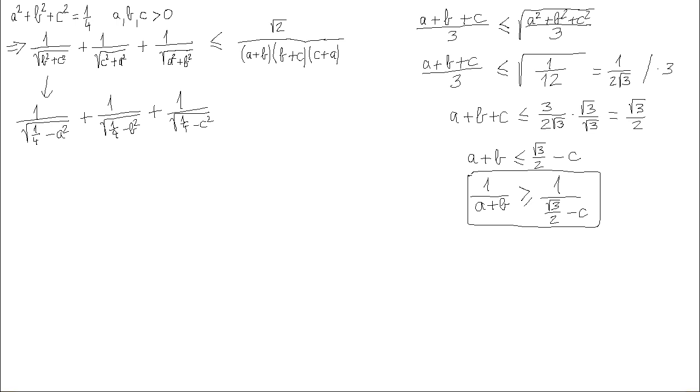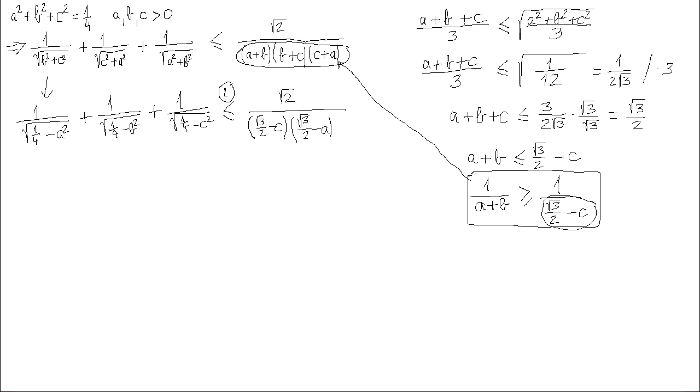And the right-hand side, because of this and similar inequalities, is greater than or equal to this value, so it will be enough to prove an inequality like this if we replace the denominators with three such expressions: square root of 3 over 2 minus c, square root of 3 over 2 minus a, and square root of 3 over 2 minus b.